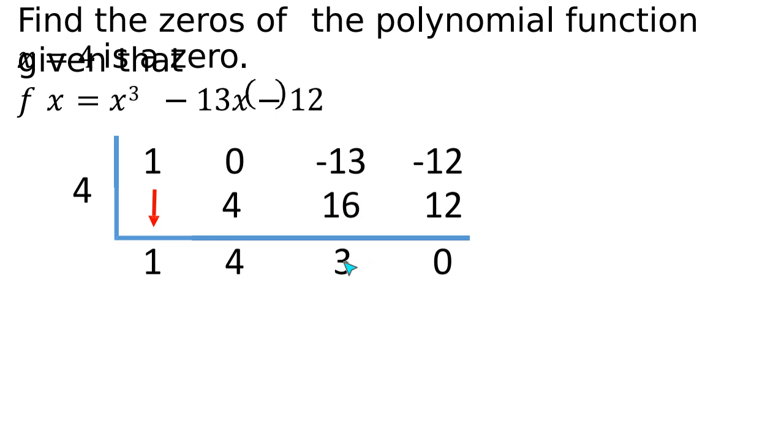And then we multiply again. 4 times 3 is positive 12. When we add these two, that's going to give me 0. So from this one, we're going to find our quotient. And then our quotient, we're going to either factor it or use the quadratic formula to find the other zeros.